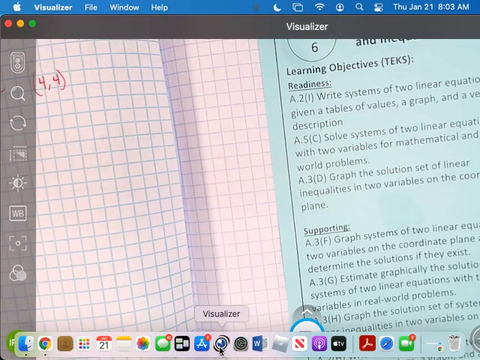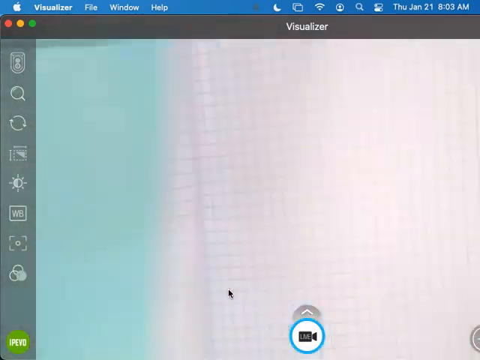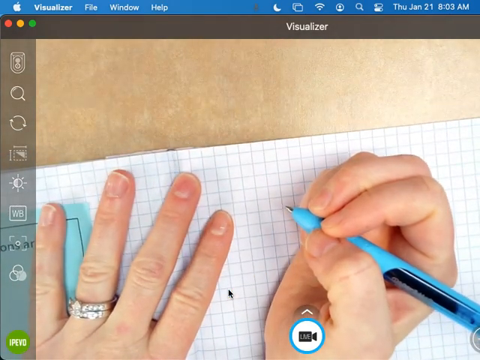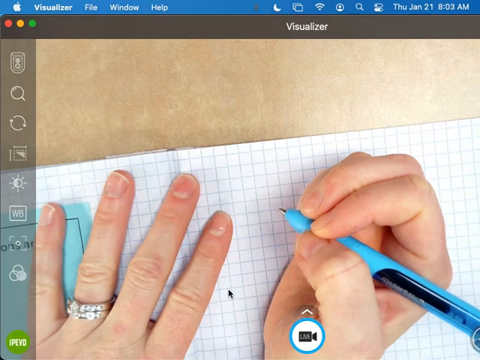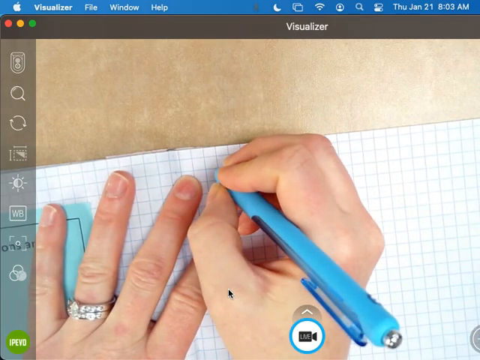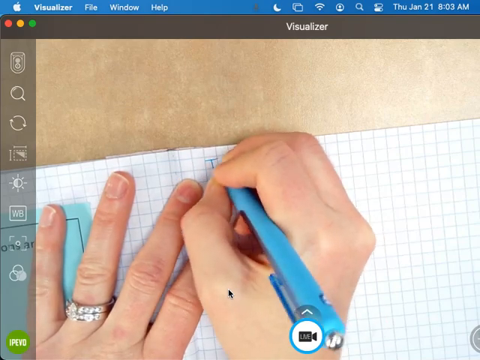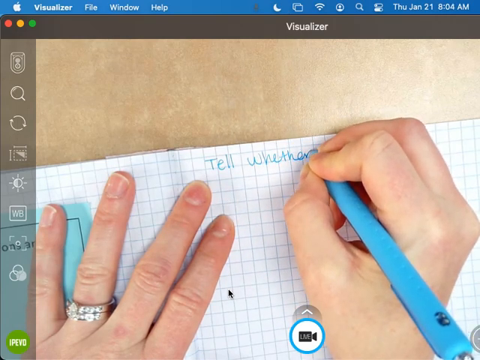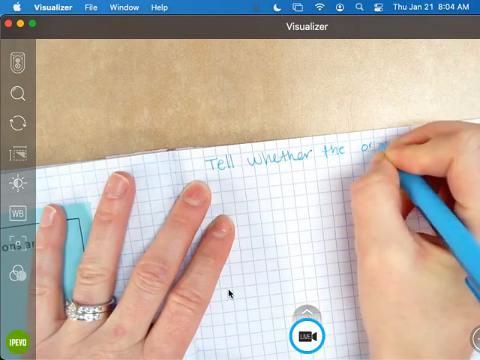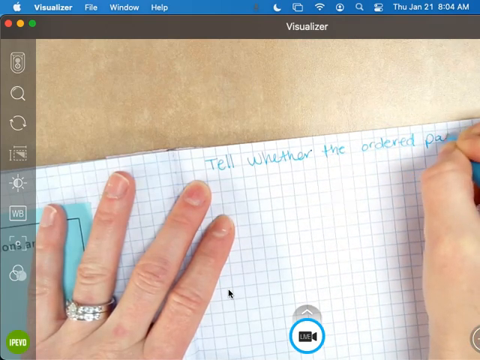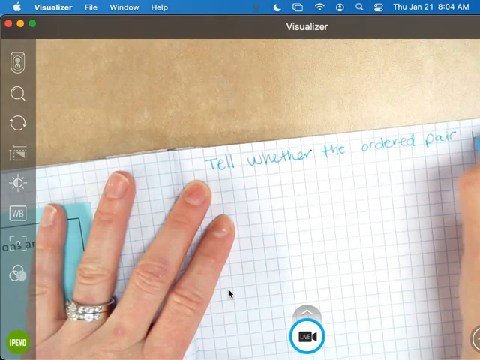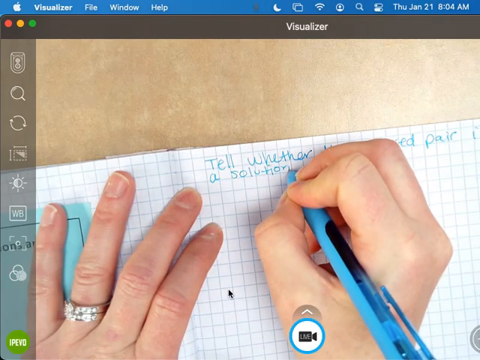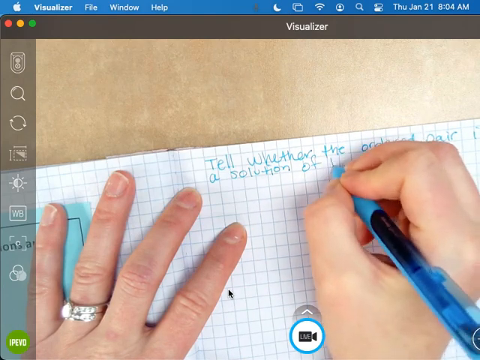Let's write something down in our journal. So open up your journal. The instructions for this are: tell whether the ordered pair is a solution of the system of equations.